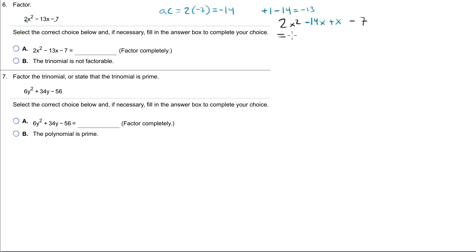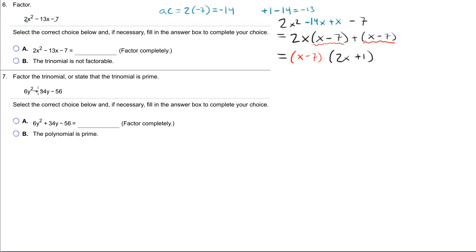This becomes 2x times x minus 7 plus x minus 7. And there's a little commonality there. x minus 7, we can factor that out. And we'll have x minus 7 times 2x plus 1. Great, and we've factored that.